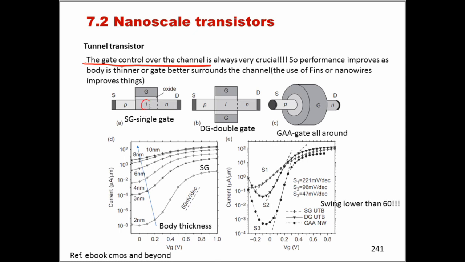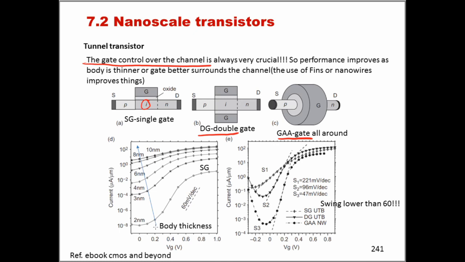I'm highlighting the fact that this is an intrinsic piece of material, so we said either slightly doped or intrinsic is fine. We can also have double gate devices or gate all around devices. They all aim at increasing the control of the gate over the channel area, but they are all tunneling devices.